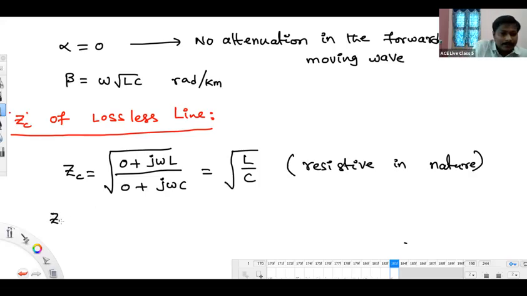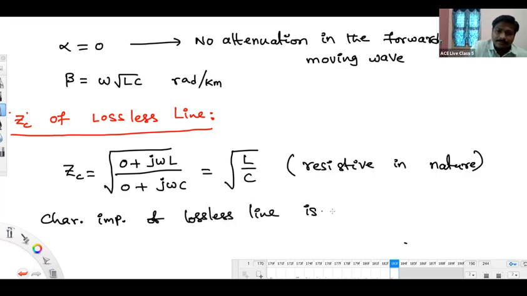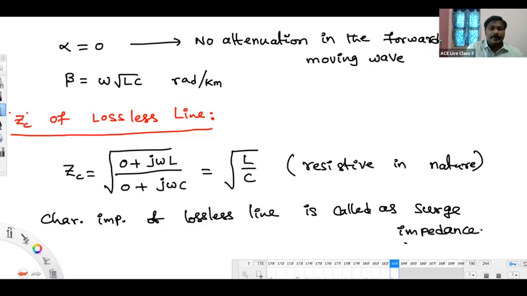ZC, characteristic impedance. Better I will write the complete words: characteristic impedance of a lossless line is called surge impedance.